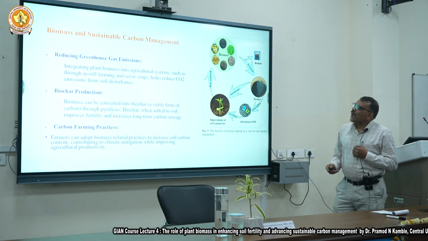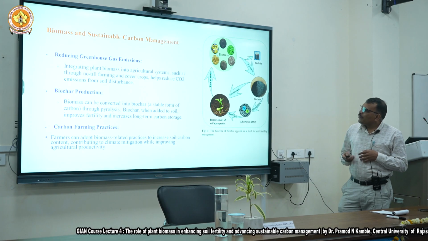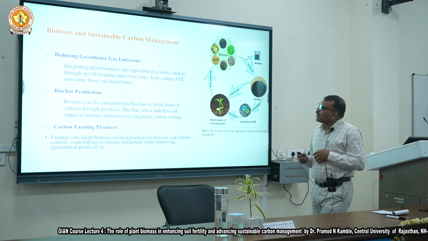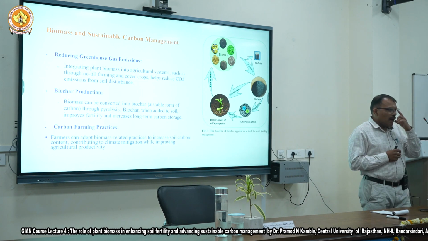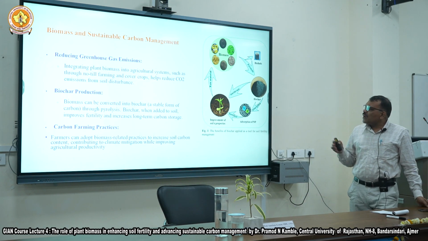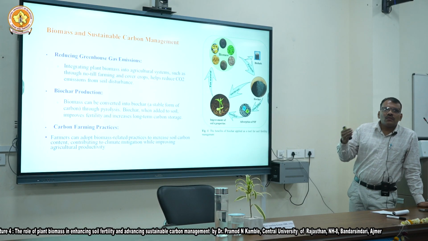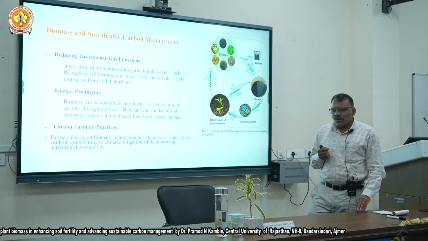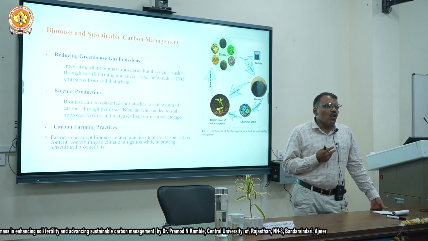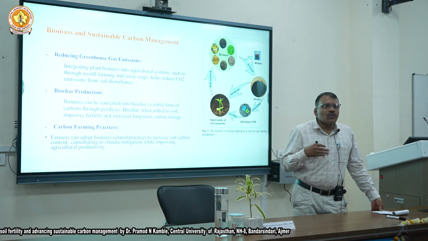The next topic is biomass and sustainable carbon management. Very significantly we can reduce greenhouse gas emissions through sequestration of carbon, right? But we are talking about converting biomass into a usable form of energy. Still, during conversion in such a mechanism, we produce certain gases and pollute the environment.